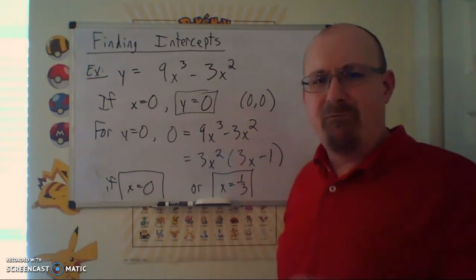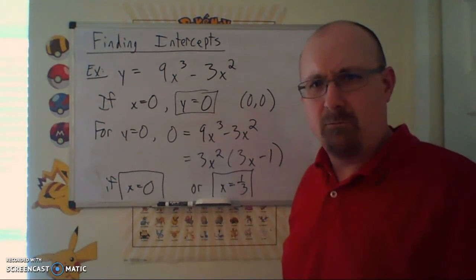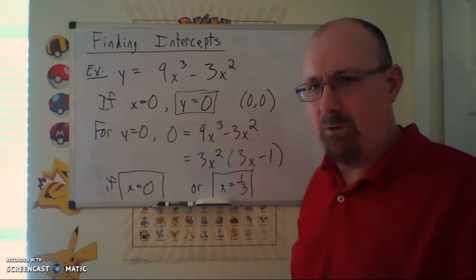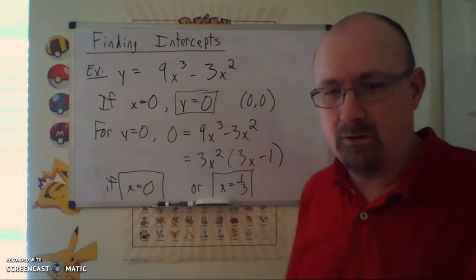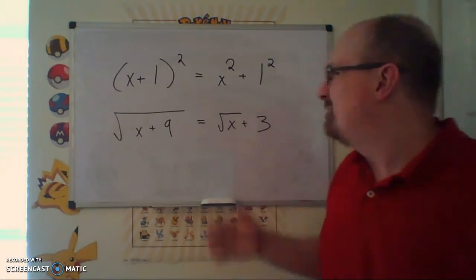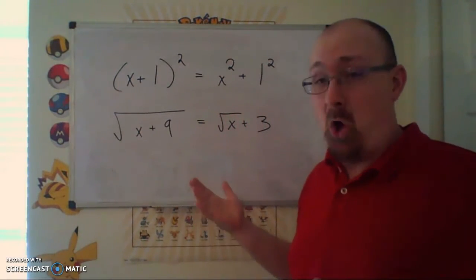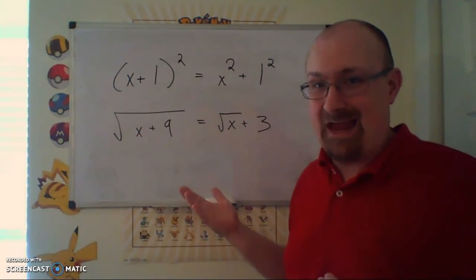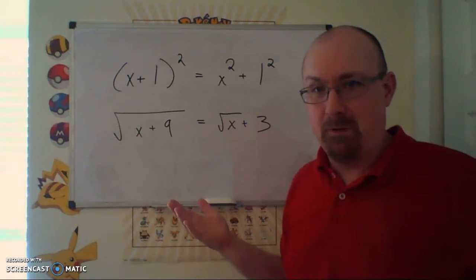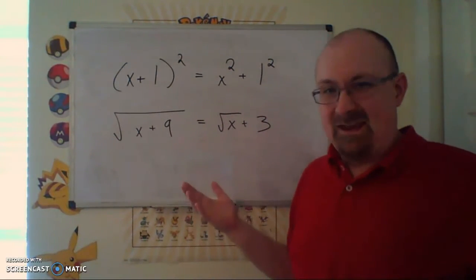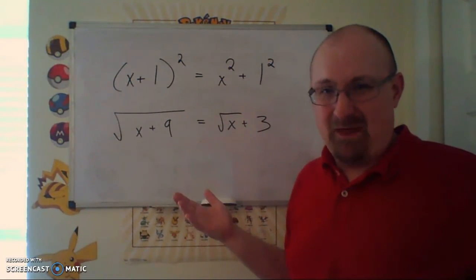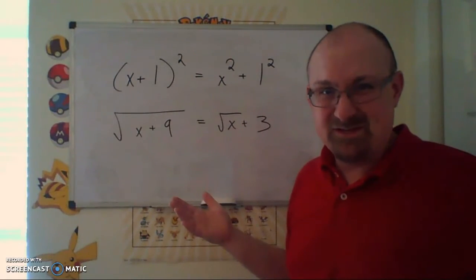So, before I call it a video here, I've got one last thing I want to mention. Okay, so I've got two last things I want to talk about here, kind of like the Hall of Fame of classic algebraic errors that I'll end up stumbling across. And it comes back down to exponents, two examples of the same thing.